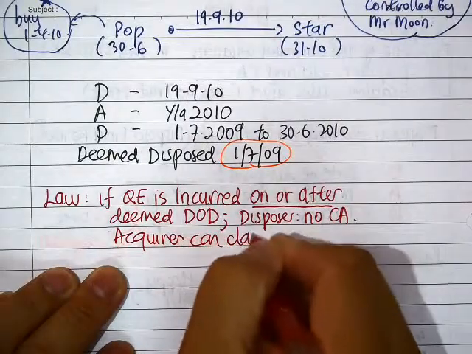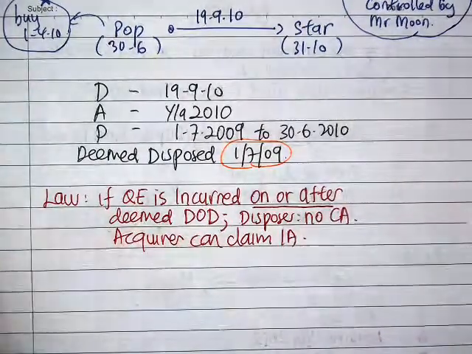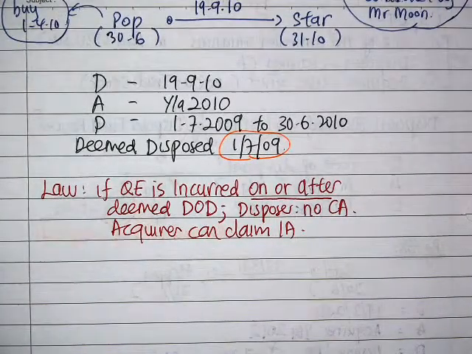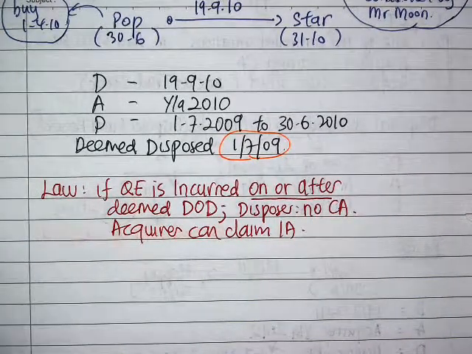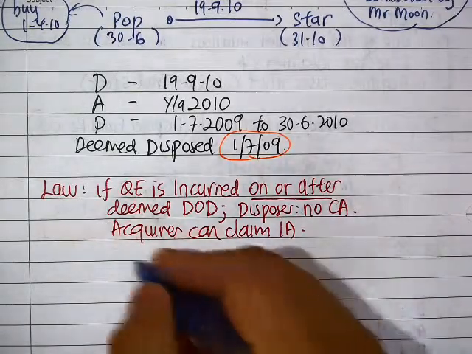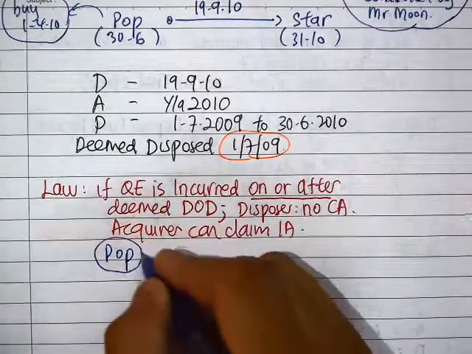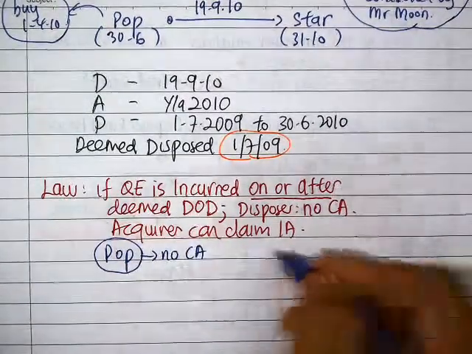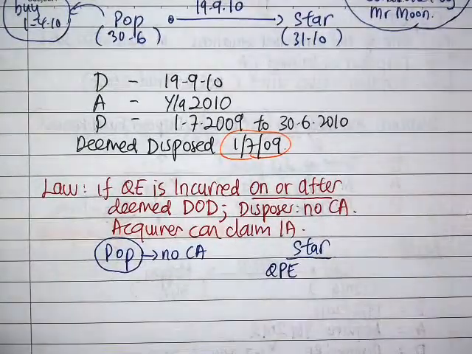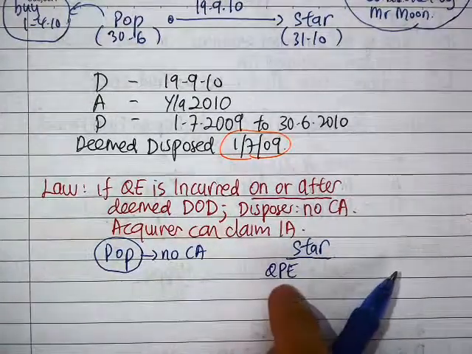Acquirer can claim IA. Now, that's a very special rule about control sale, because most of the time the acquirer just continues whatever is left over, but in this case you can see Pop has no CA, Star will claim. Now, how much will Star claim?